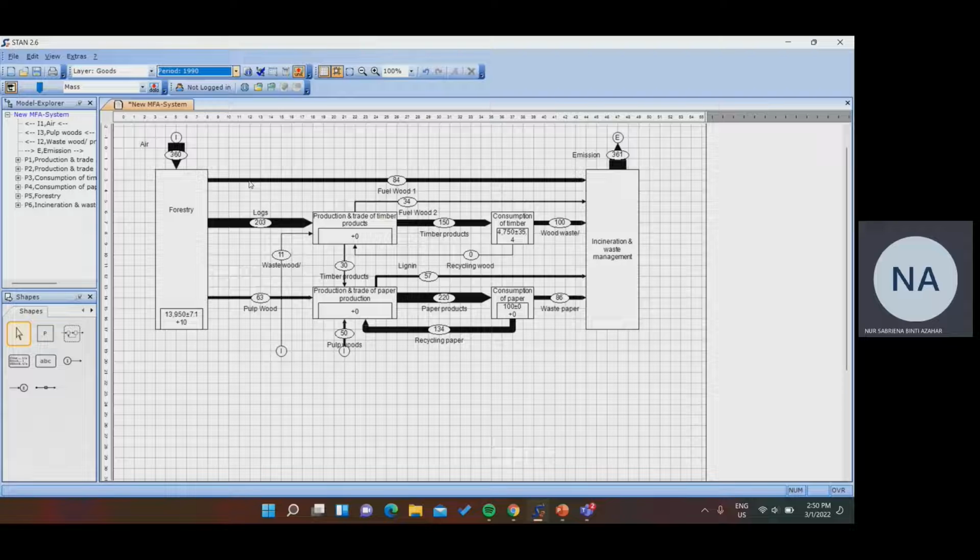We can see some of the values change. First we can analyze the value for the forestry. Here it is 13,000, nearly 14,000, and the consumption of timber is 4,750.